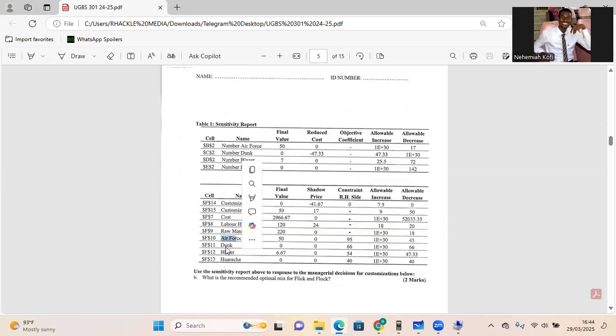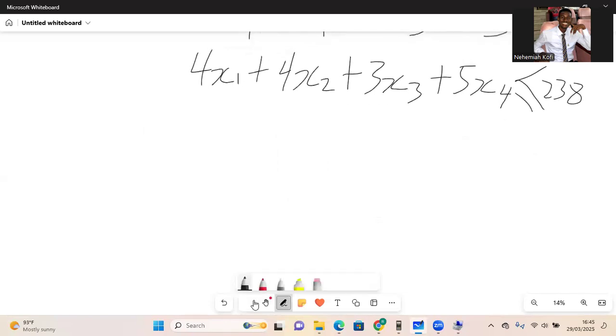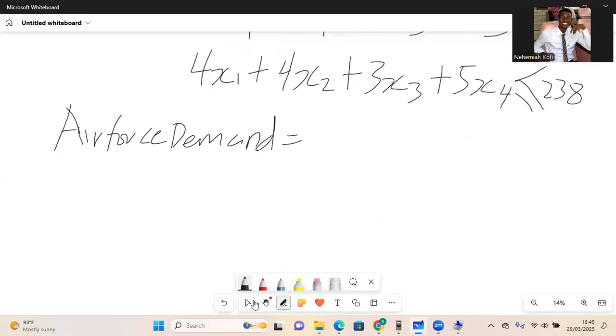Now, these are the demands, right? The demand for Air Force, Dunk, Blazer, and Hierarchy. You can also put the same thing. For Air Force demand, X1 is less than or equal to 95, because that's what they said.